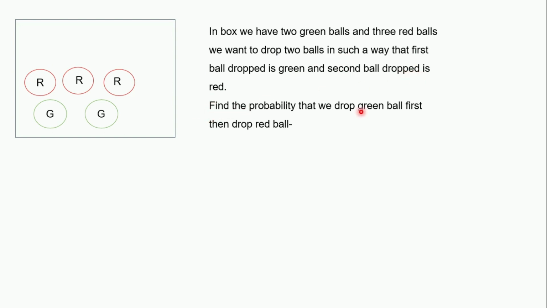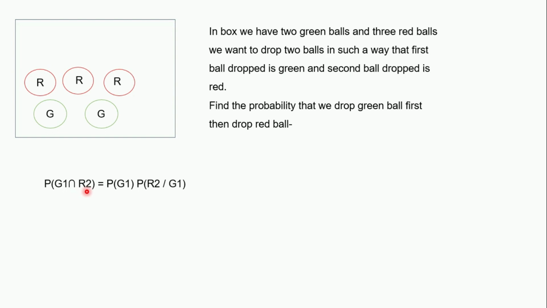Find the probability that we drop a green ball first, then a red ball. Here the probability of G1 intersection R2: G1 means we first drop the green ball, intersection is nothing but "and", and the second time we drop the red ball, that is R2.